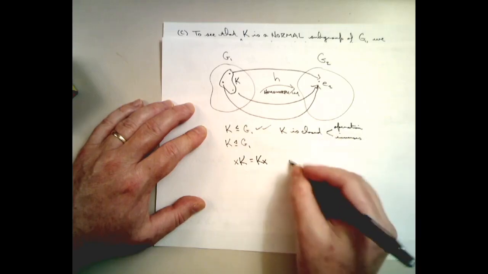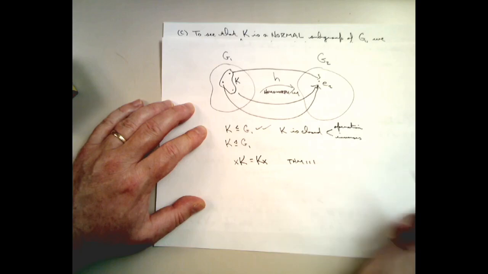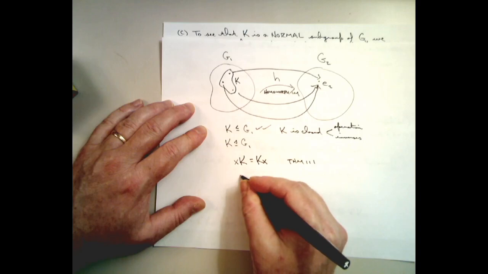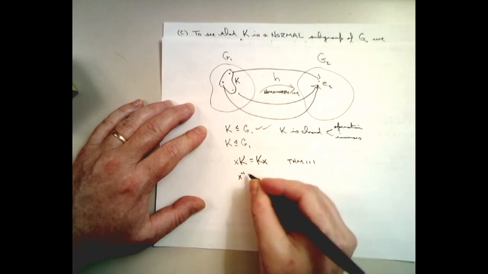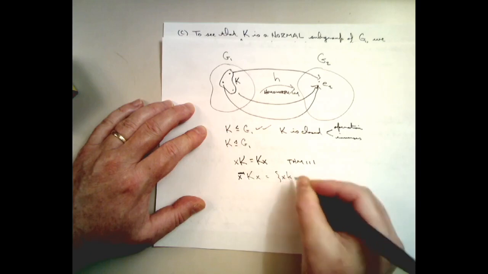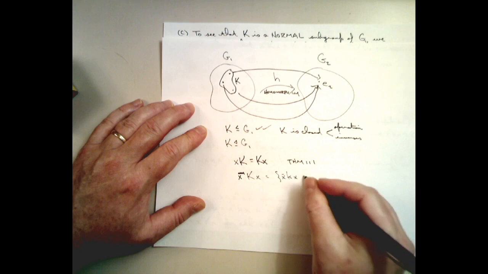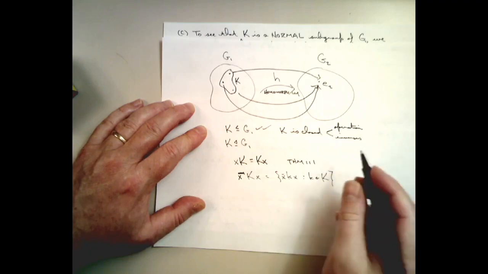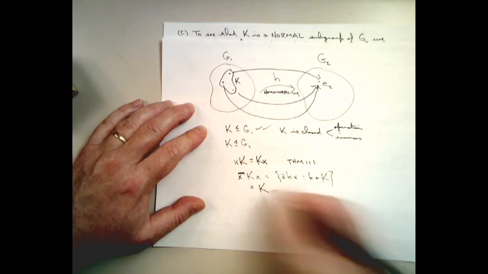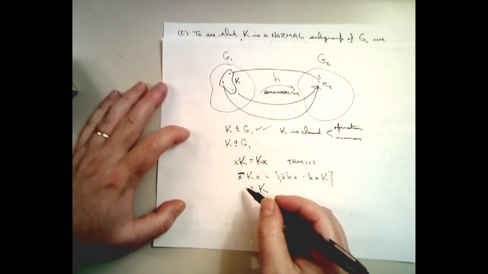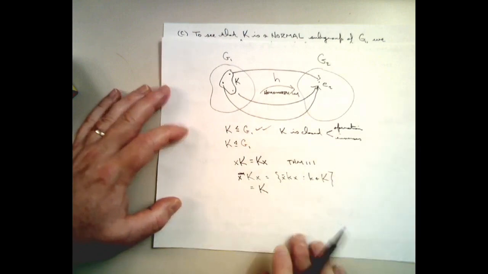You may recall, I think it was Theorem 111 in our course notes, said that this definition is equivalent to showing that if I pick any x out of G, that x inverse kx, and of course that's the set of all x inverse kx's, where k is in our vanishing set, that this is equal to K. So this is the characterization that we're going to use to show that K is a normal subgroup of G1.